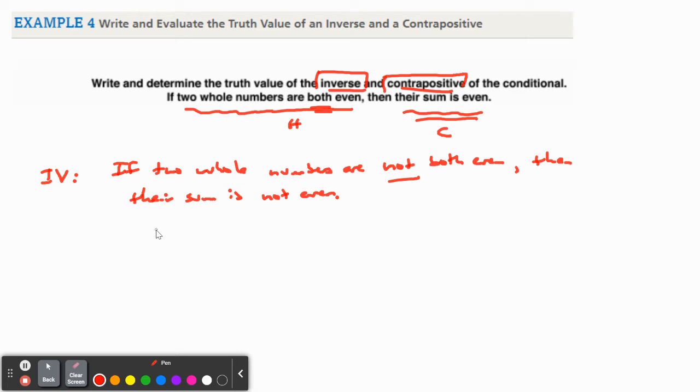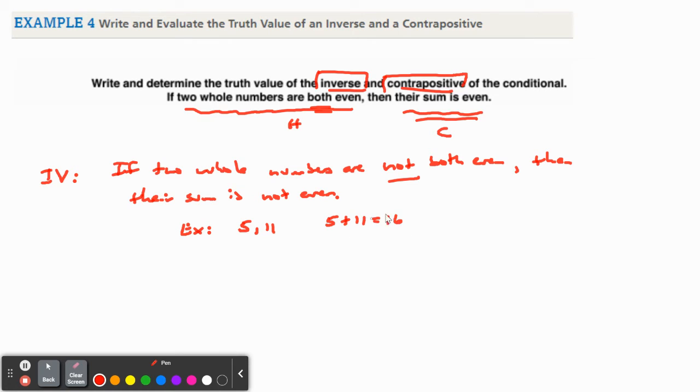Okay, well, let's take a look at some examples here. So if 2 whole numbers are not both even, for instance, 5 and 11 are not both even, so they must be odd, right? Well, 5 plus 11 is going to be 16.